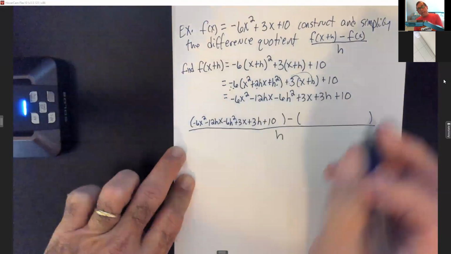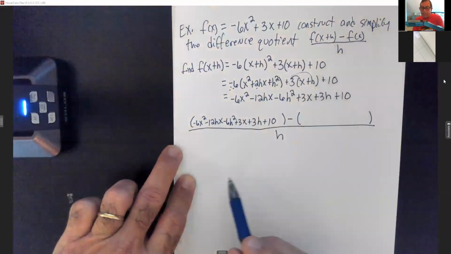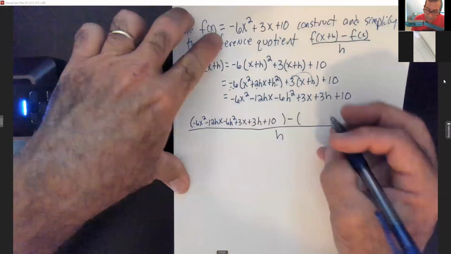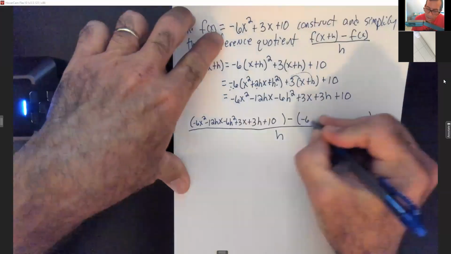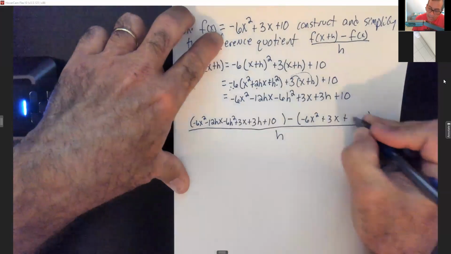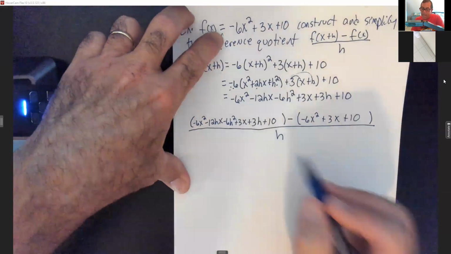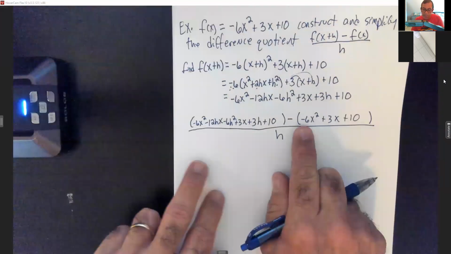So notice that got sort of long, but it's because I had so many x's up here, okay? F of x was a negative 6x squared plus 3x plus 10, and then I got my h on the bottom.